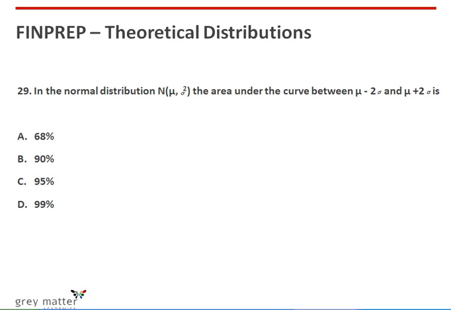The area under the curve between mu minus 2 sigma and mu plus 2 sigma is about 95% of the total probability. So as seen in the PowerPoint presentation, it is the C option, which is 95%.